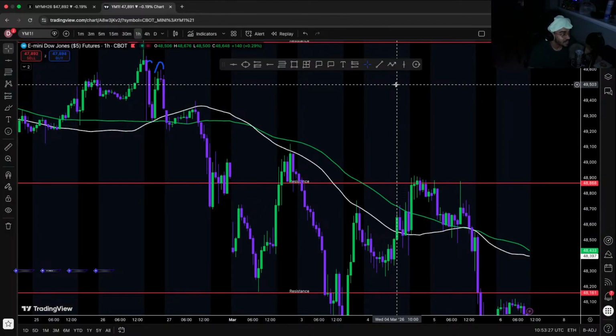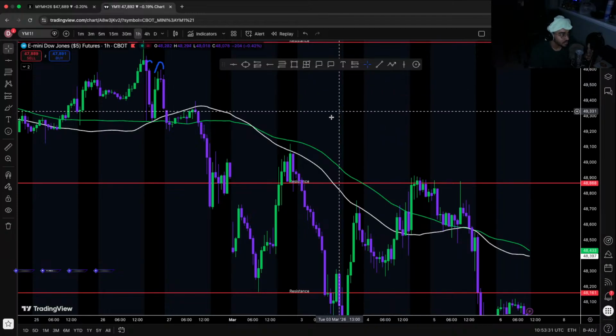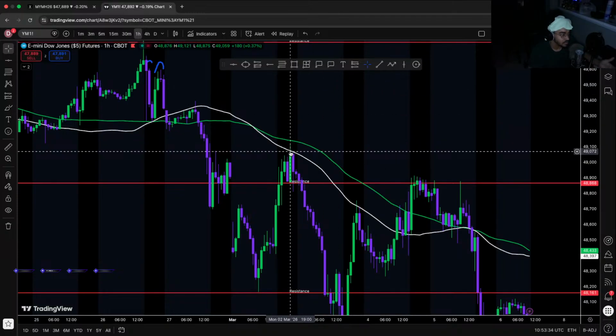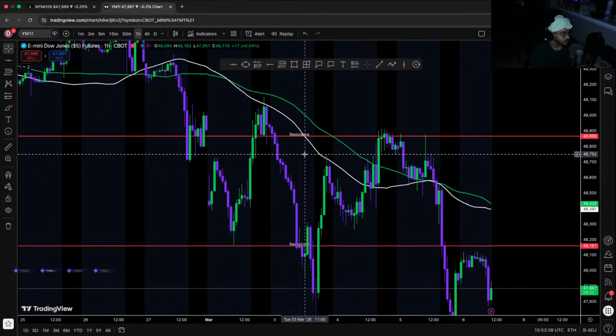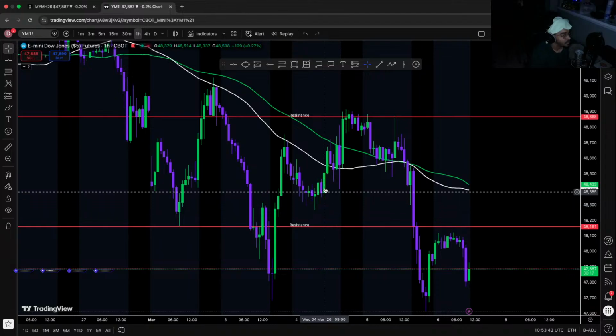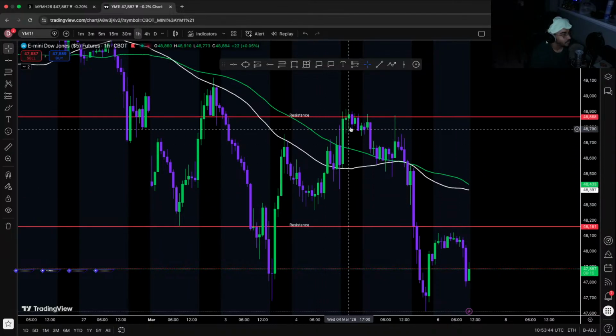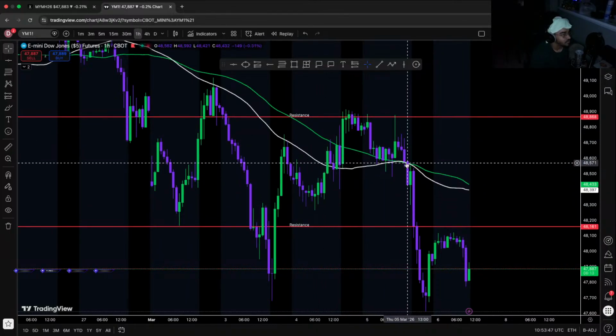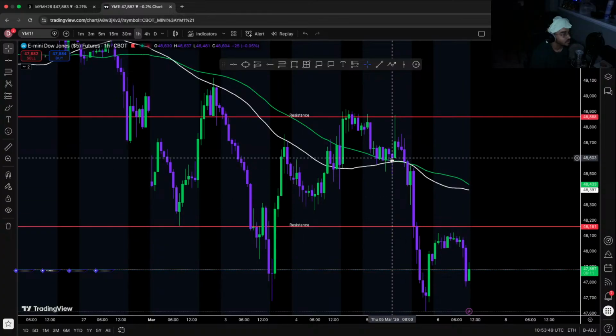MAs act as a dynamic level of support or resistance. In this case, we're under it, so it's resistance. It's respecting the ceiling, okay? And then this happened yesterday. This moved to the downside.